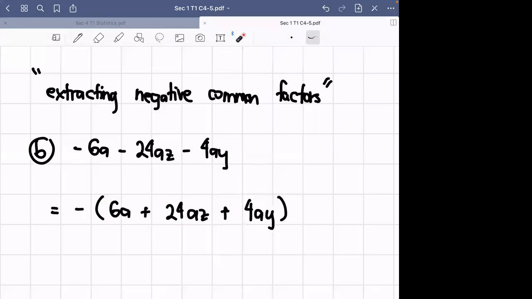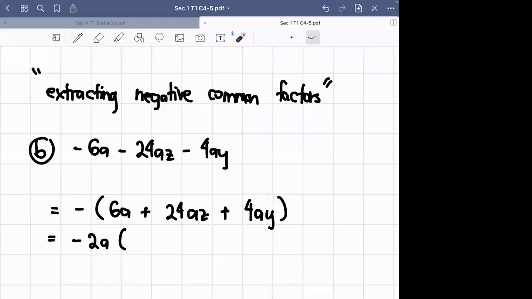No, we cannot use 4 because 6 is not divisible by 4. So let's just use 2. So it becomes negative 2. Can we add a? These three terms have a common factor, which is a. So this is negative 2a.